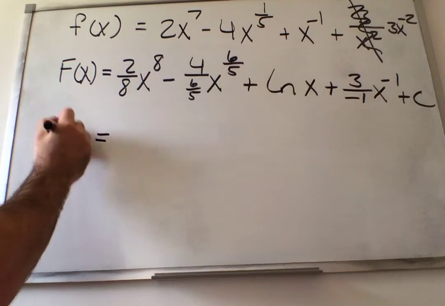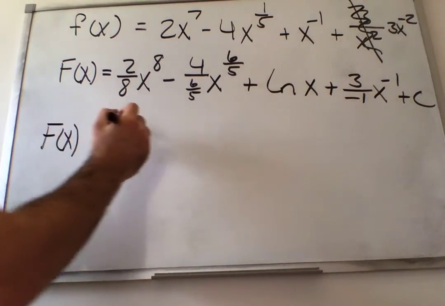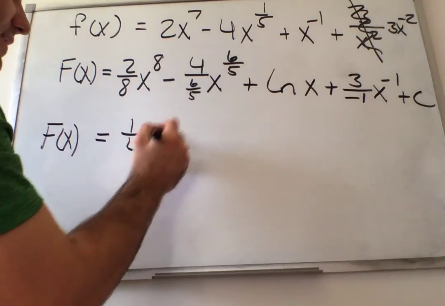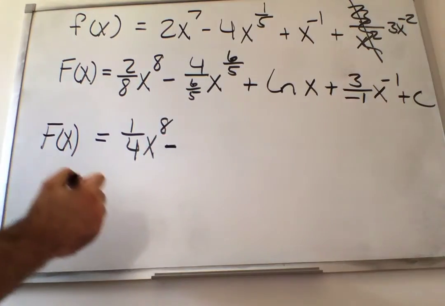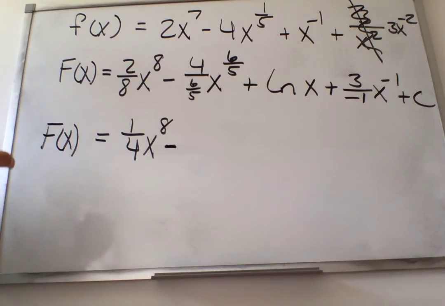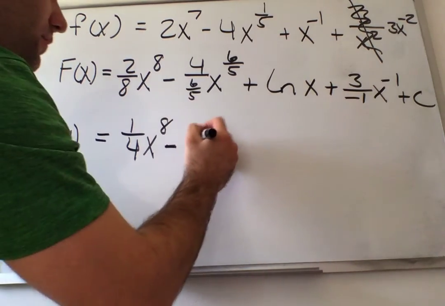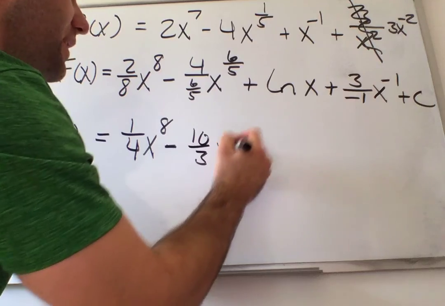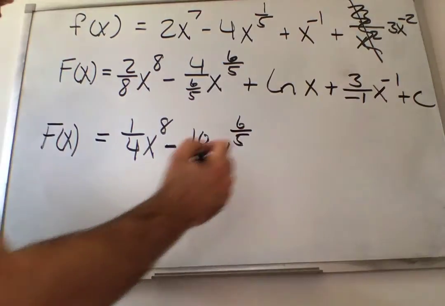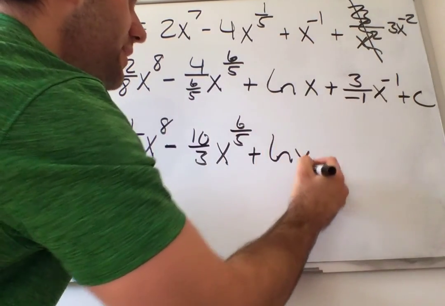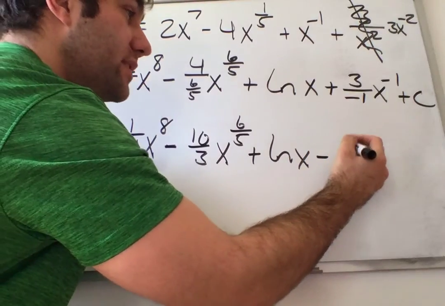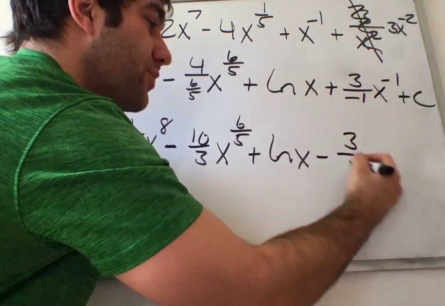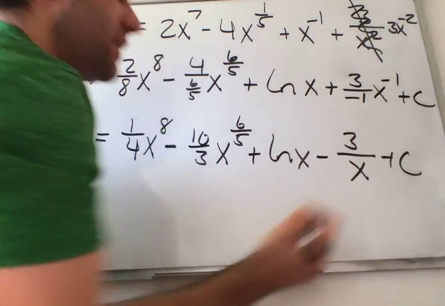Now, to simplify, this is 1/4 x to the 8th minus, now if you were to plug that into a calculator, 10 over 3. I think you get 10 over 3. I just did that really quick. Plus ln of x, and this turns into a minus. You could rewrite it as 3 over x plus c.